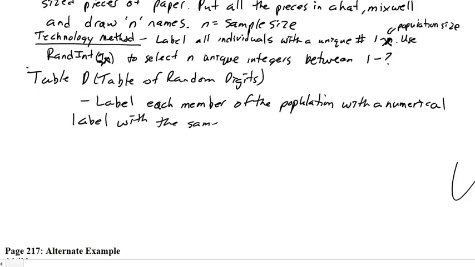So instead of having 1, you'd have 01 to 99 maybe. Because 01, 02, 03, they still have two digits. They all have to have the same two digits.